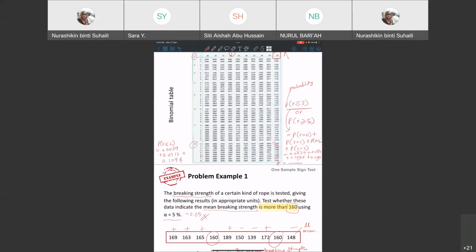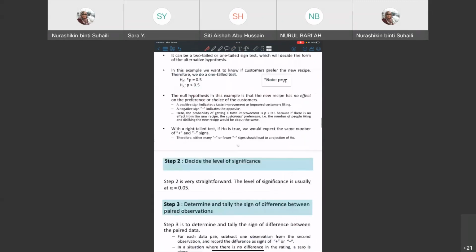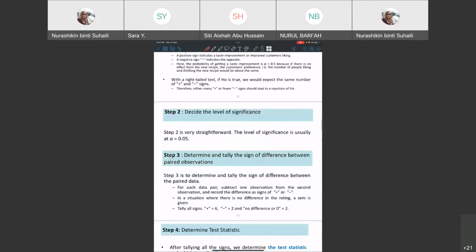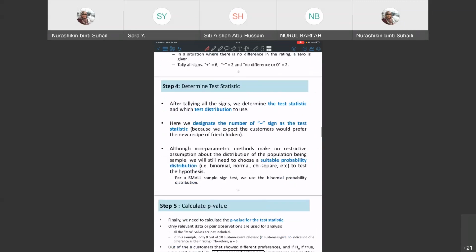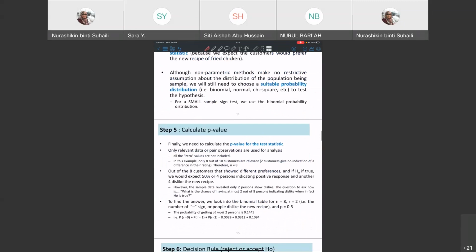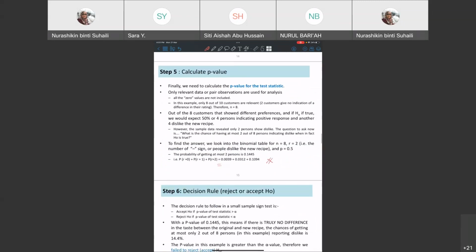So the value is 0.1445. So that's the p-value that we are looking for.